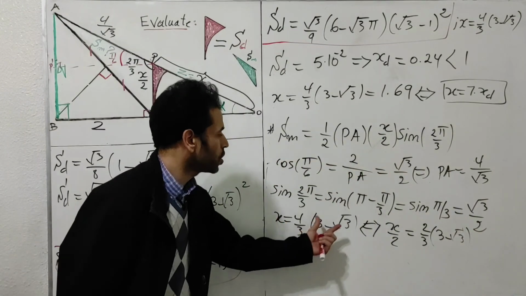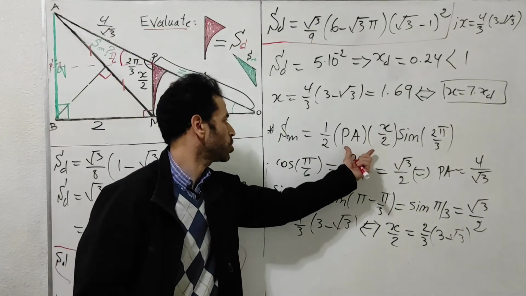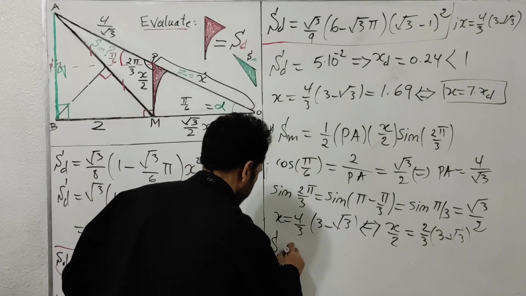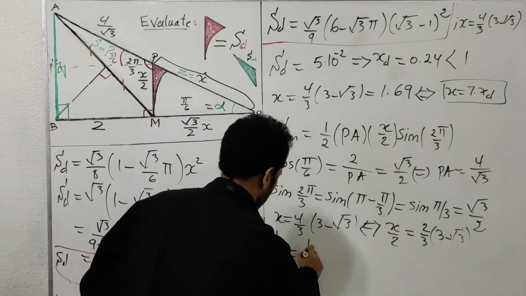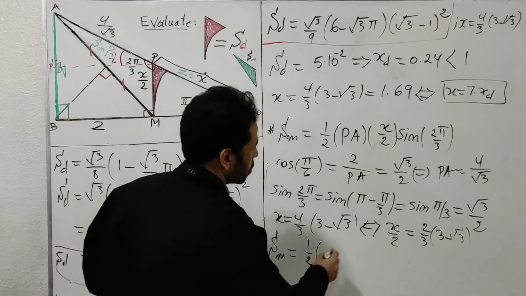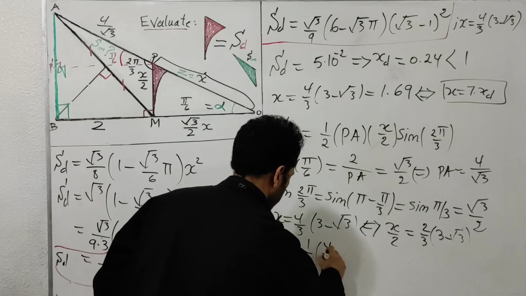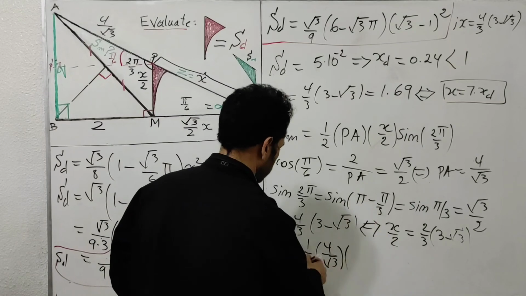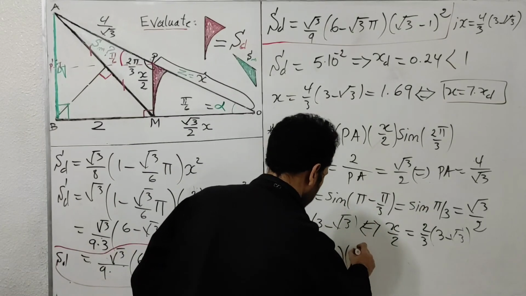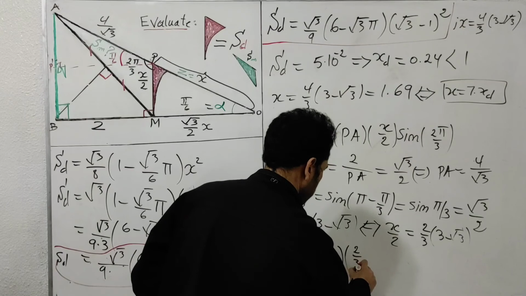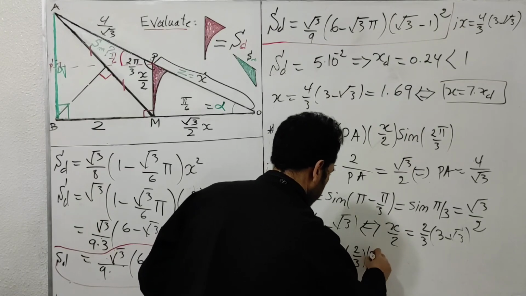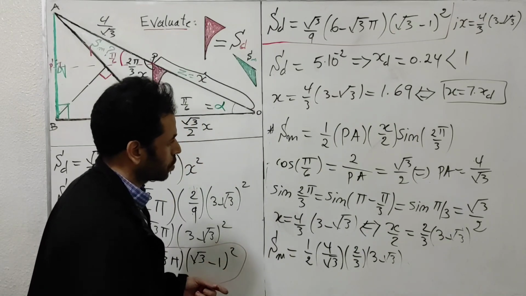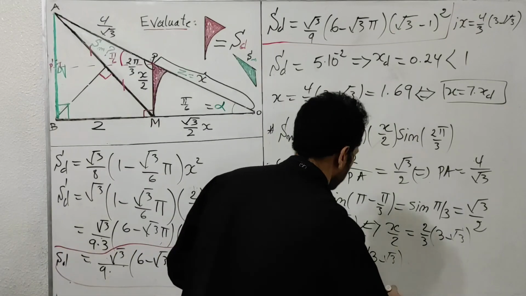Now I'm going to plug all this information into this expression to find the area SM. Thus SM equals half multiplied by PA, which is 4 divided by square root of 3, multiplied by x over 2, which is 2 divided by 3 multiplied by 3 minus square root of 3, and then the sine of pi over 3, which is square root of 3 over 2.